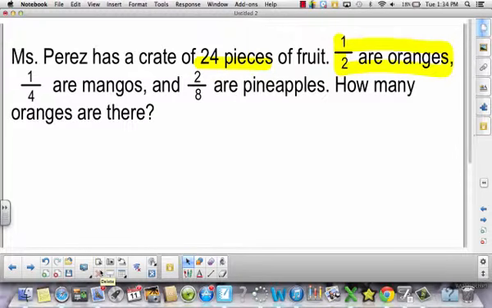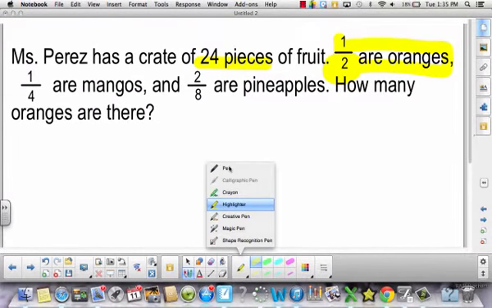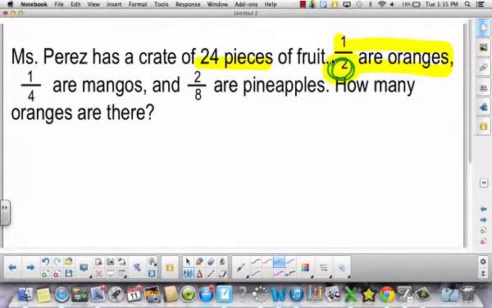Today when we were looking at fractions, we were able to determine how many groups they split that number 24 into by looking at the denominator, or the lower number in the fraction. The denominator here, or lower number, is telling me that there are 2 total groups.